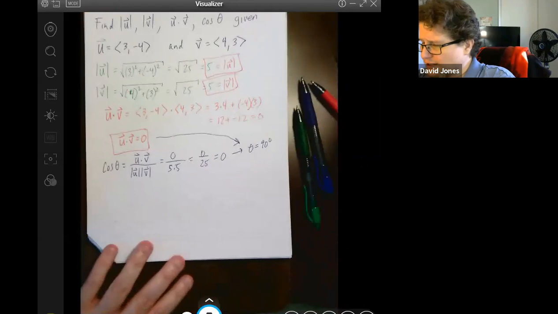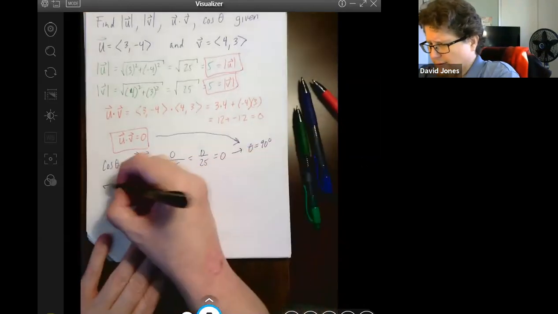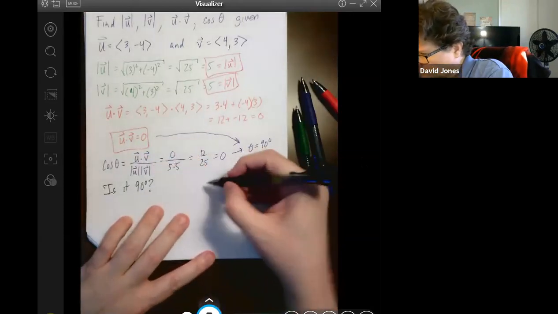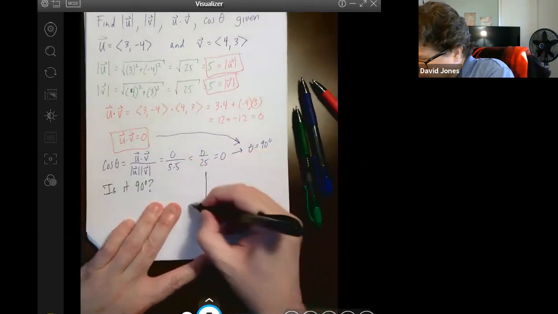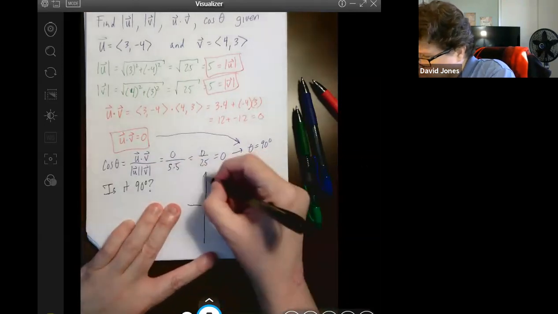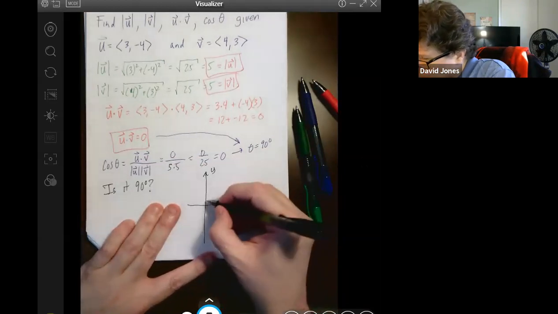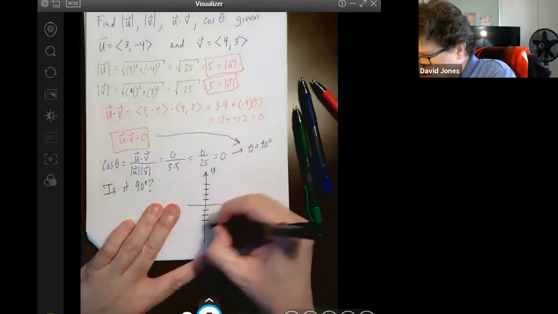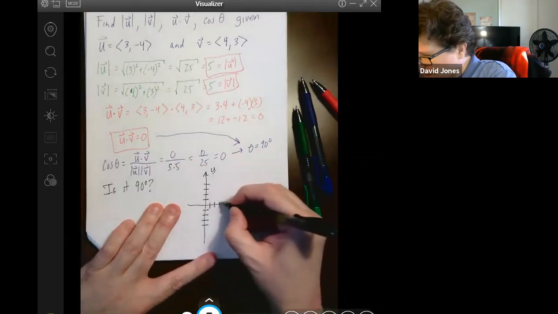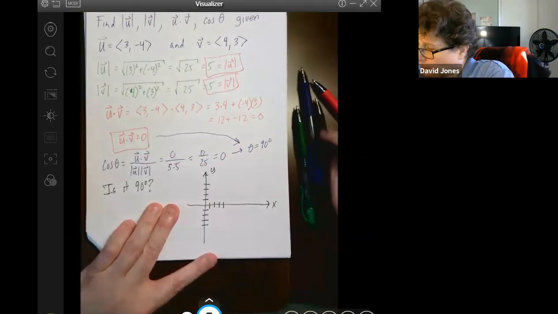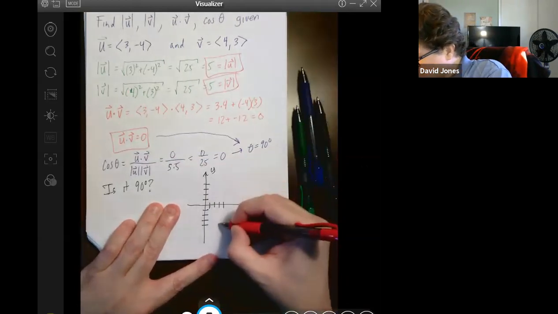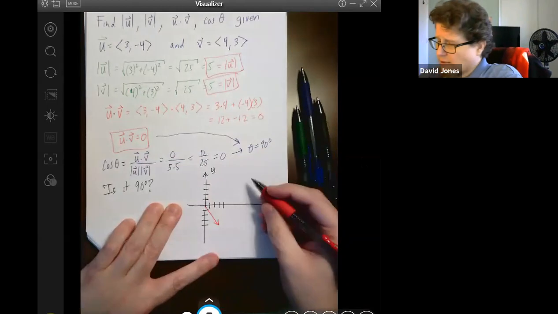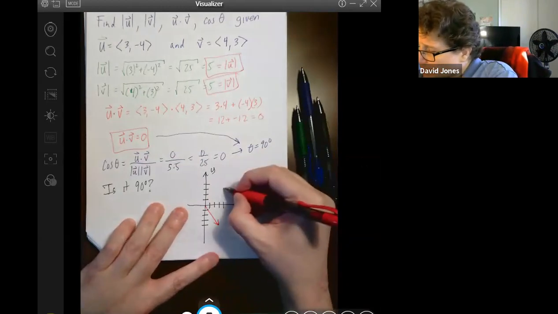Let's draw those vectors. Is it 90 degrees? I'm going to try to make sure these are all spaced evenly apart. 3, negative 4 is down here. 4, 3 is right there.